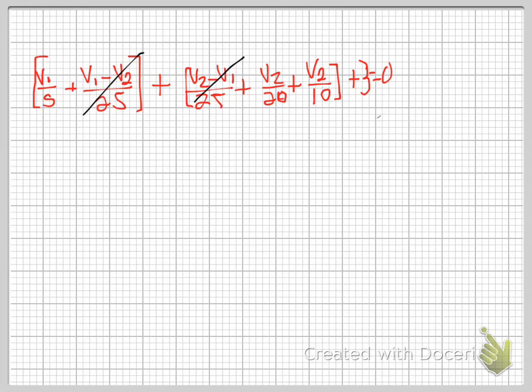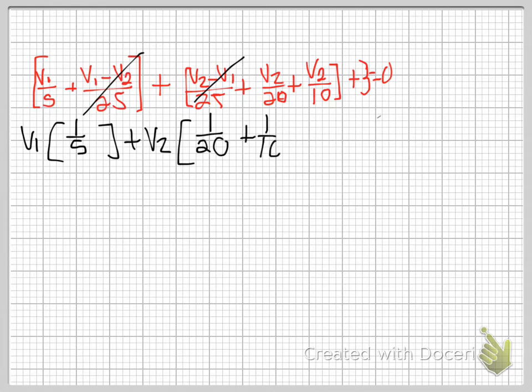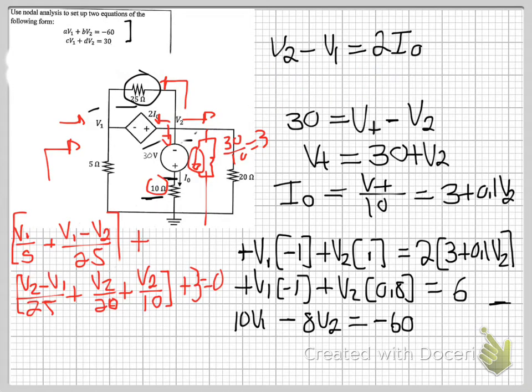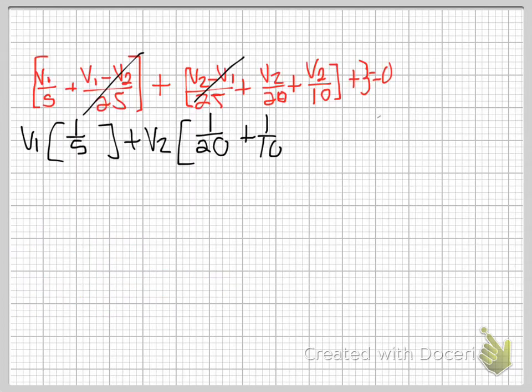So by grouping our coefficients together, we have V1 into 1 over 5, and we have V2 into 1 over 20 and 1 over 10 from the 20 ohm and the 10 ohm there. And this is equal to -3, taking it to that side.